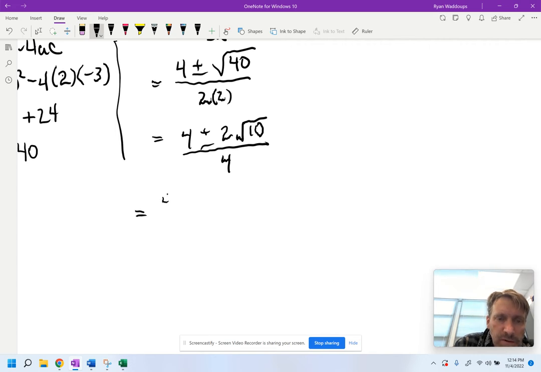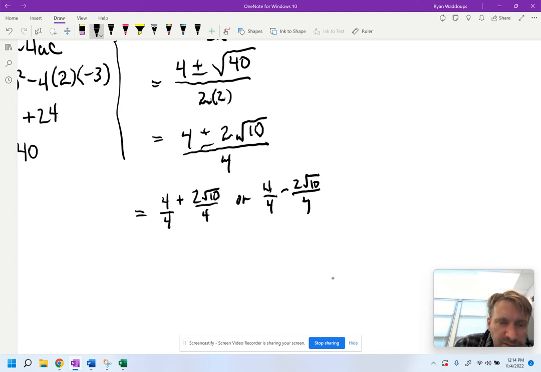That means I've got 4 plus, that's 4, I'm going to write it as 4 over 4 plus 2 root 10 over 4, or 4 over 4 minus 2 root 10 over 4.